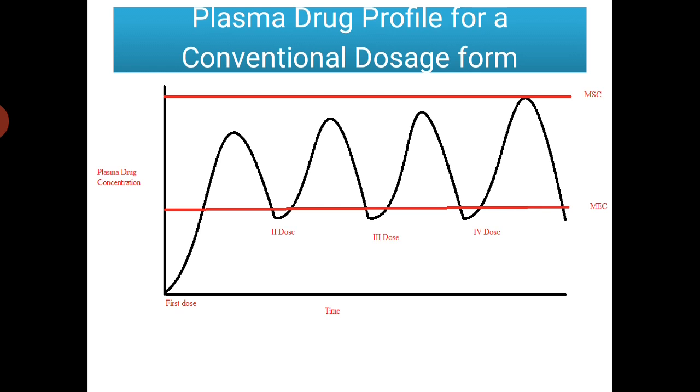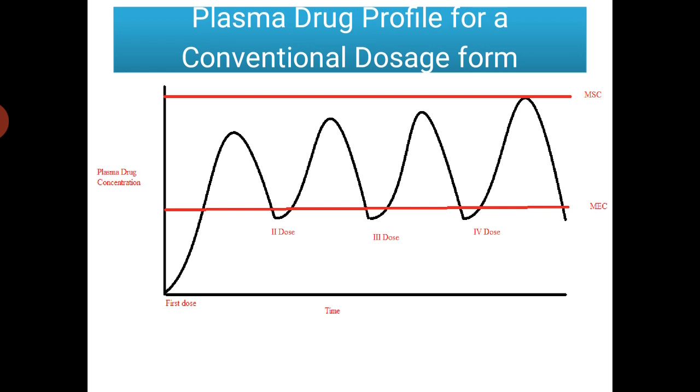So this data represents the plasma drug profile of a tablet or a dosage form administered orally. Once after administration of the first dose, the plasma drug concentration slowly increases. The amount of drug in the systemic circulation slowly increases.